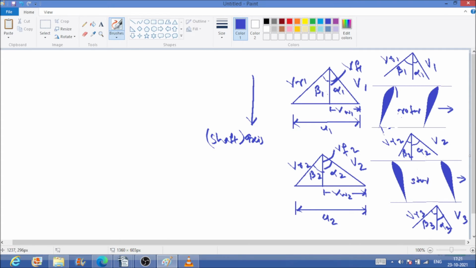Again, the absolute velocity v2 makes an angle alpha 2 with the axis, and this is vr2, and this is the angle beta 2 in the second stage. After the stator, again there will be a rotor here. This is my absolute velocity v3 and this is the relative velocity, so that the flow will be tangential to the next rotor.